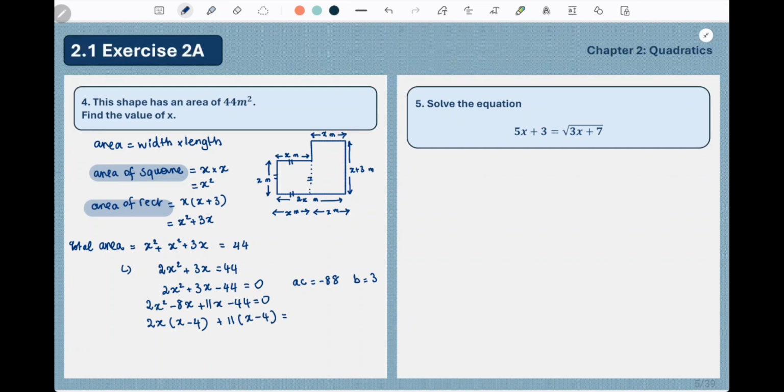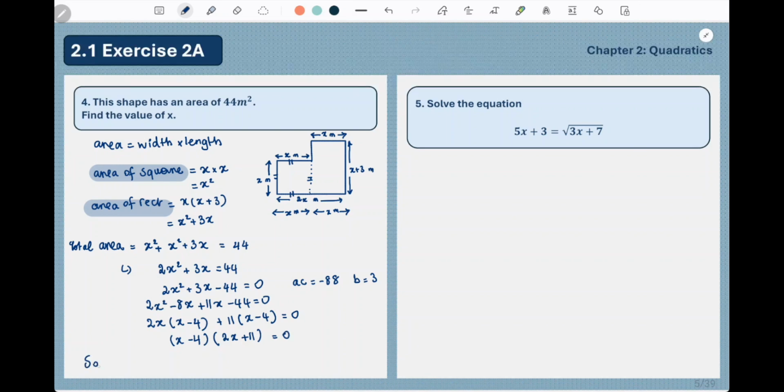And as you can see here, we have a common factor, which is x minus 4. So x minus 4, not plus, times 2x plus 11, okay, equals 0.